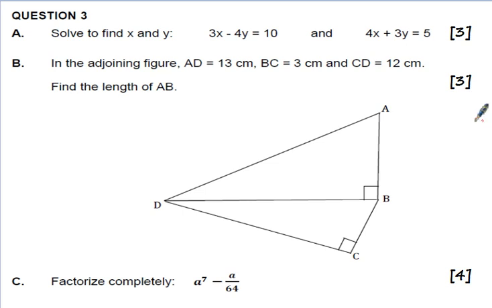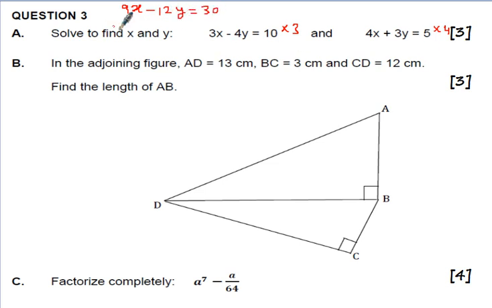What you will do? You multiply first equation. You can just eliminate any variable x or y. Suppose you are eliminating y, so you can multiply here by 3 and here by 4. So it becomes 9x minus 12y is 30.